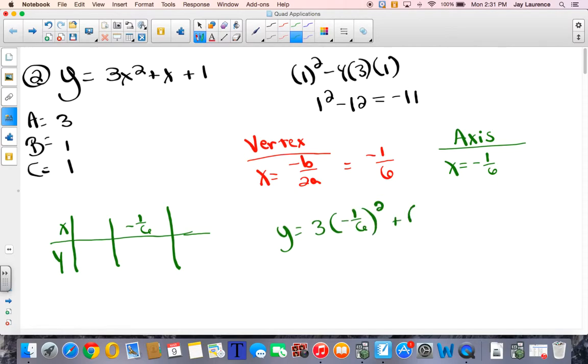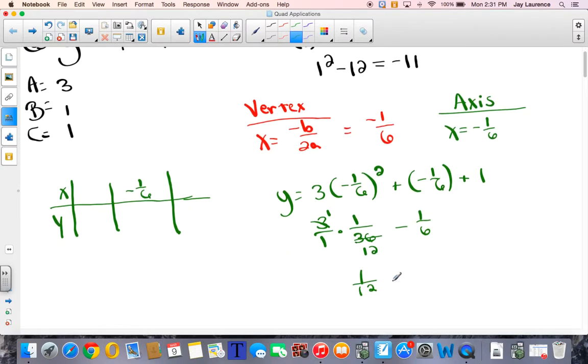Squared plus negative 1/6 plus 1. All right, so I'm going to get 3 over 1 times 1 over 36, which, by the way, will simplify to 1/12. So 1/12. Then minus 1/6. So that's minus 1/6, and this should really be equals and equals.